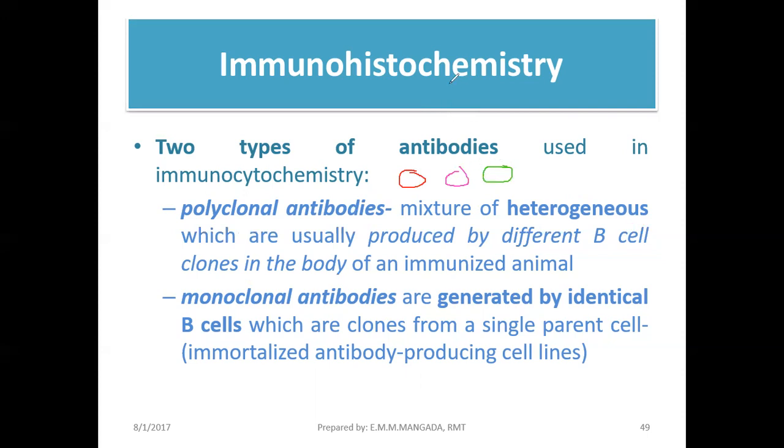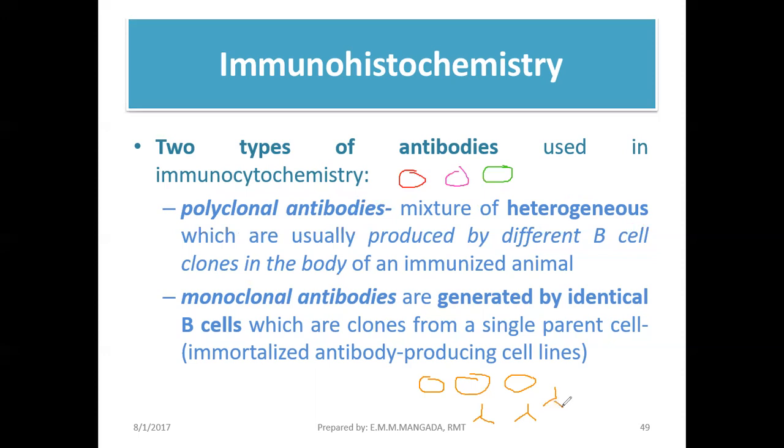In your monoclonal, na-isolate sila. Kunwari, ang B cells natin, puro orange sila. Okay? So, if they're going to produce antibodies, itong mga orange B cells natin, puro orange. Kasi pare-pareho sila, puro orange na B cell.